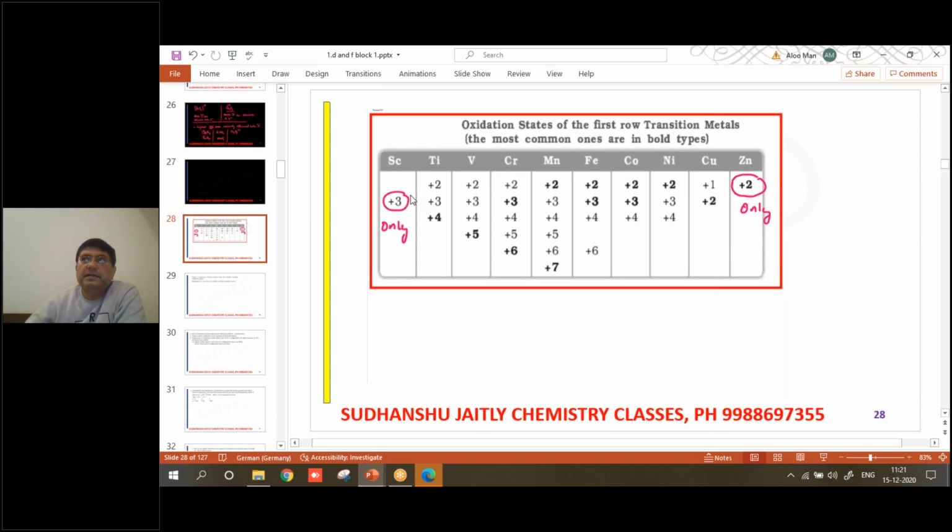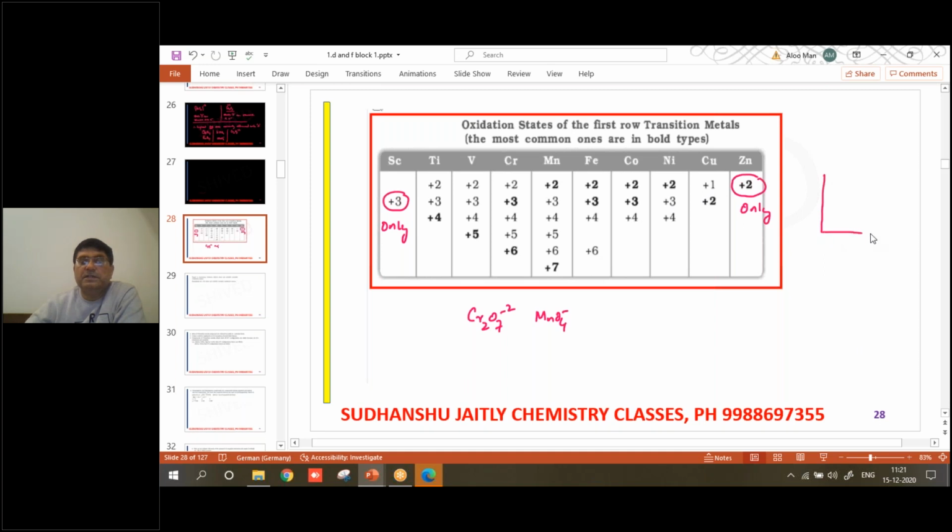Notice that as d electrons increase, oxidation state increases. Titanium +4, vanadium +5, chromium +6, manganese shows the highest, +7. Which compound? MnO4-, right? Chromium compound? Cr2O7 2-.